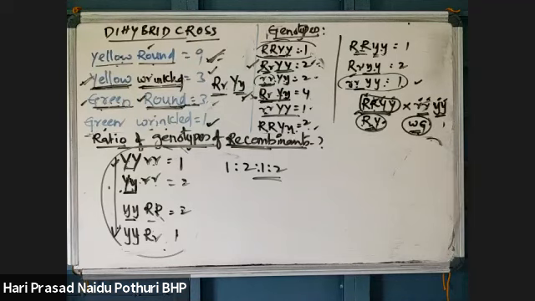Next point. In the F2 generation, he found that 3/4 of F2 plants had yellow seeds and 1/4 had green.